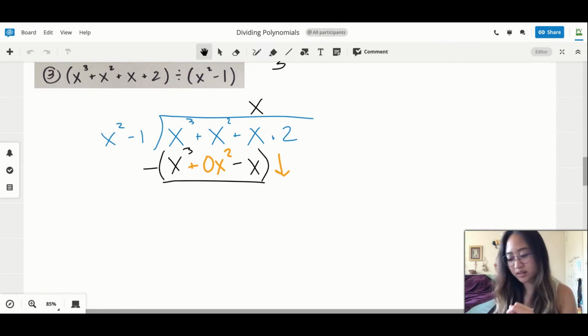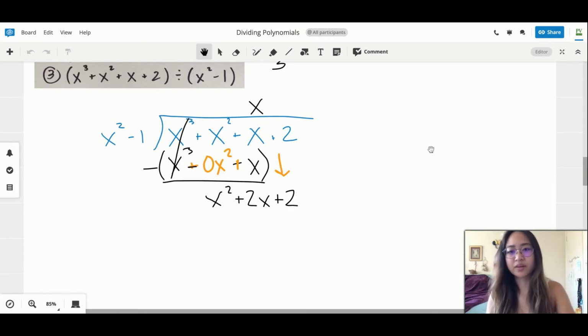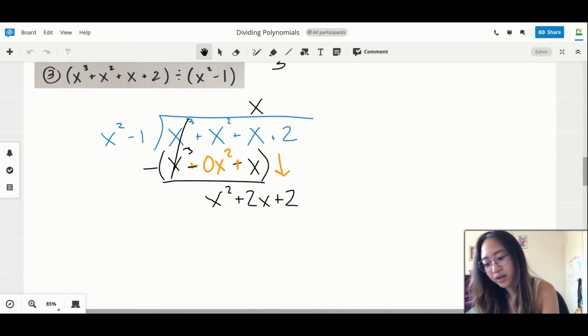Parentheses, subtract, these are gone, and then this also changes the sign, so we got x squared, and we also know that this changes into a plus, so x squared plus 2x plus 2. Okay, so what do we need to multiply to x squared to give us x squared? We know that that's just going to be positive 1.